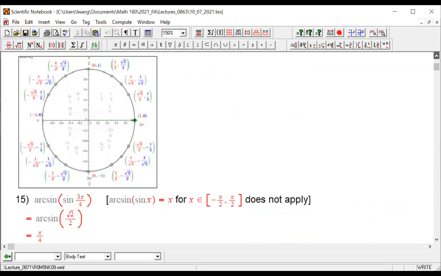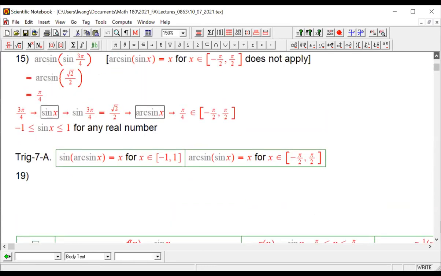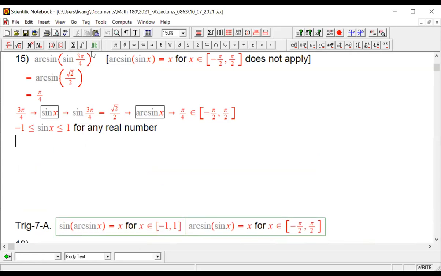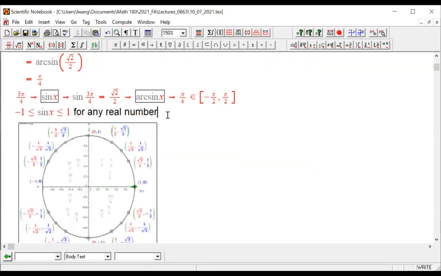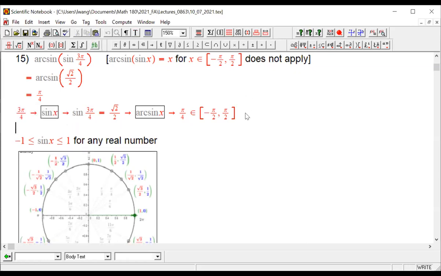What's the ARD here for number 15? The ARD is from here. That piece is the ARD.